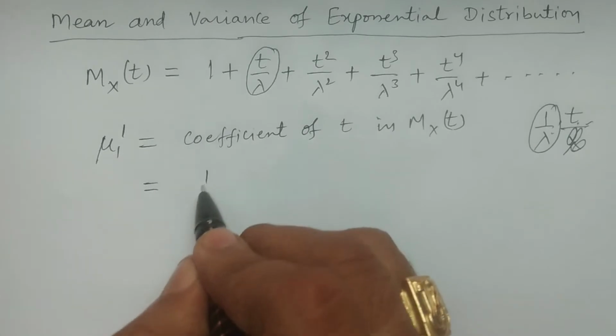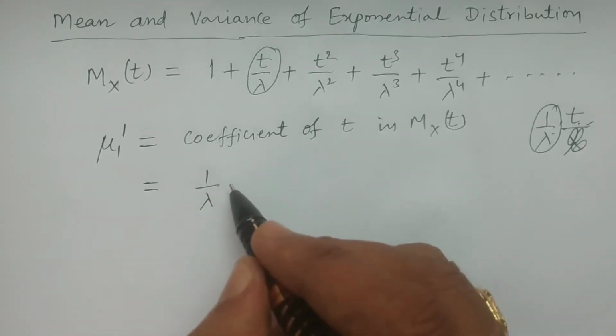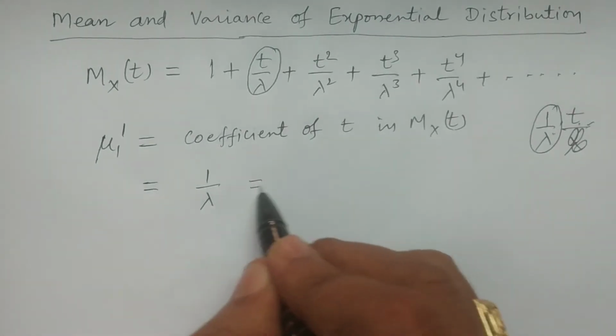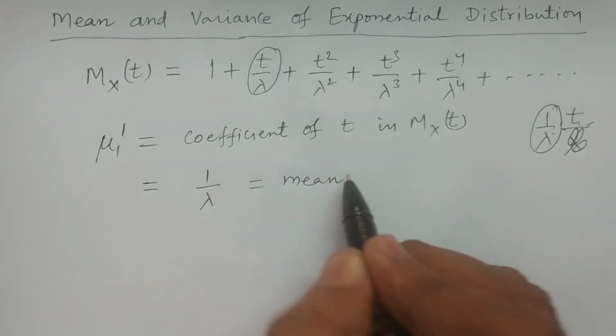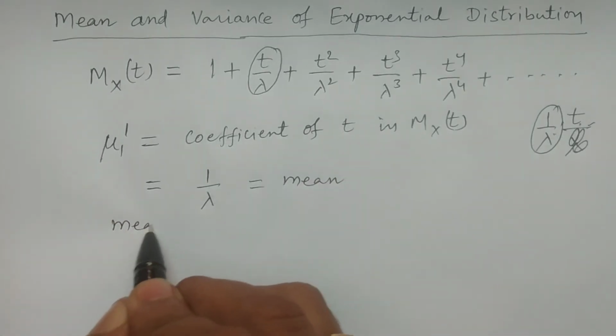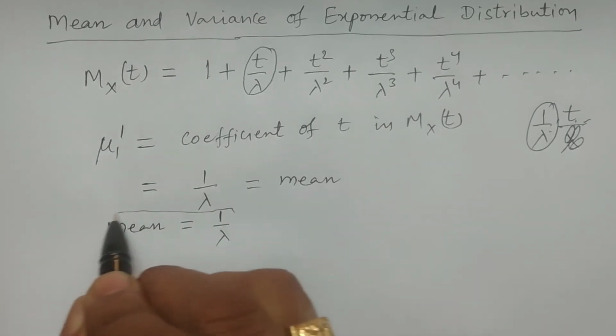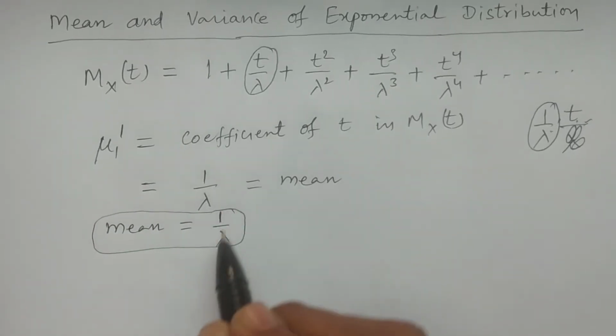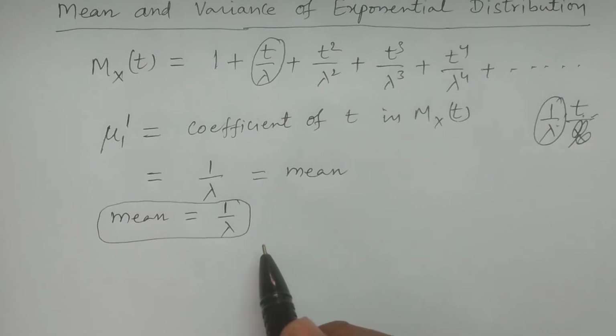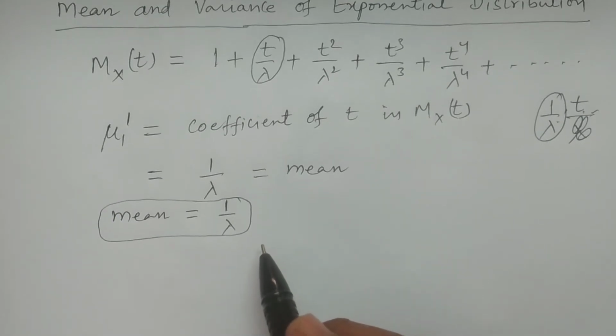Therefore 1/lambda is mu1', which is itself the mean. So the mean of the exponential distribution is 1/lambda, where lambda is the parameter.